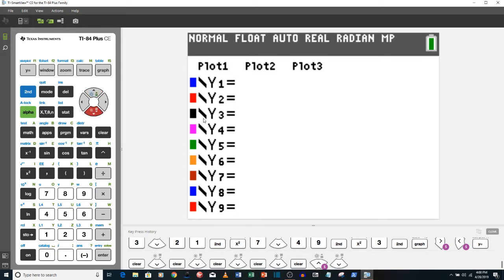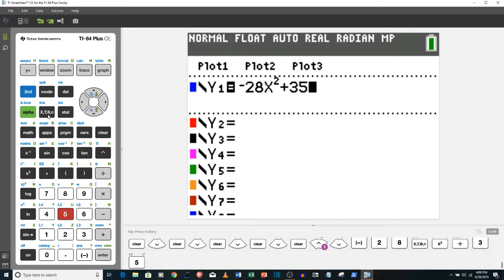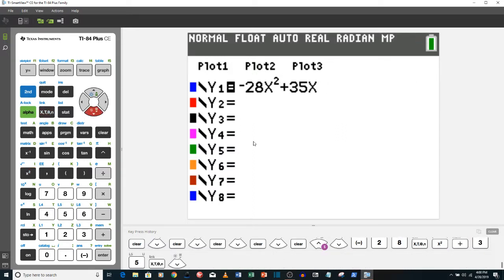In Y1, we will put negative 28x squared plus 35x. And then we'll test, again, A would be Y2.